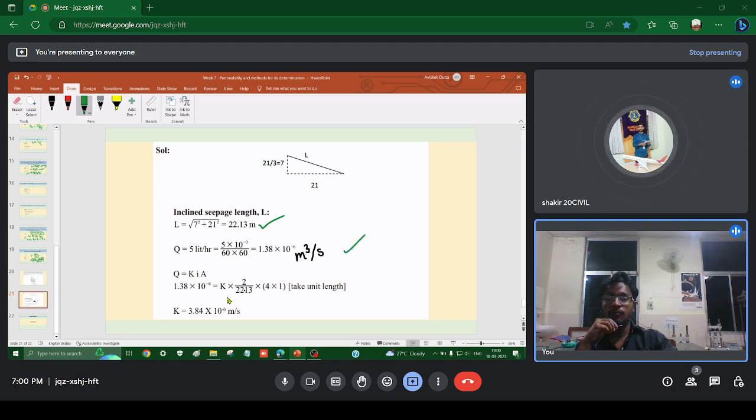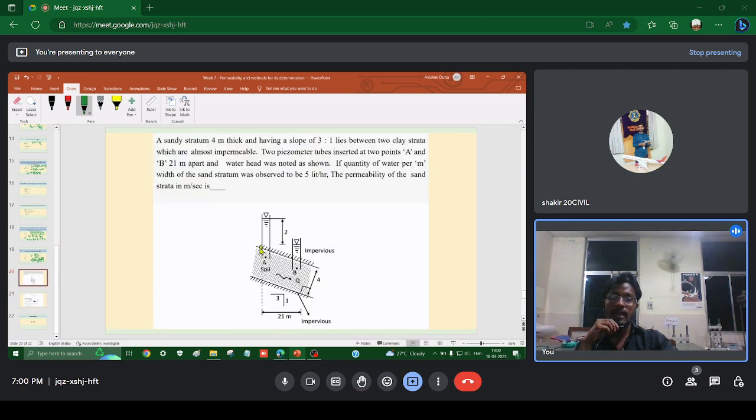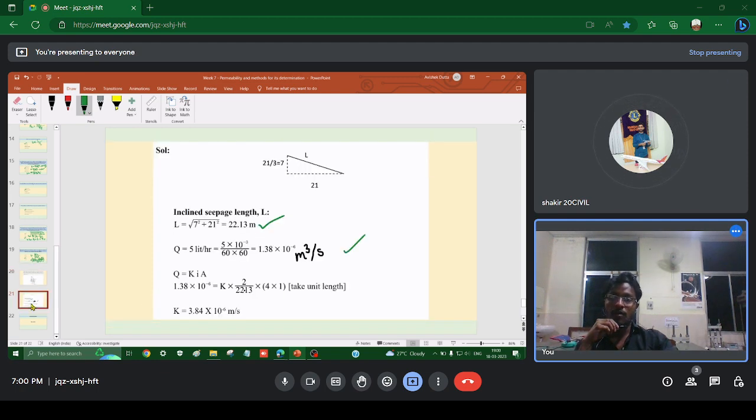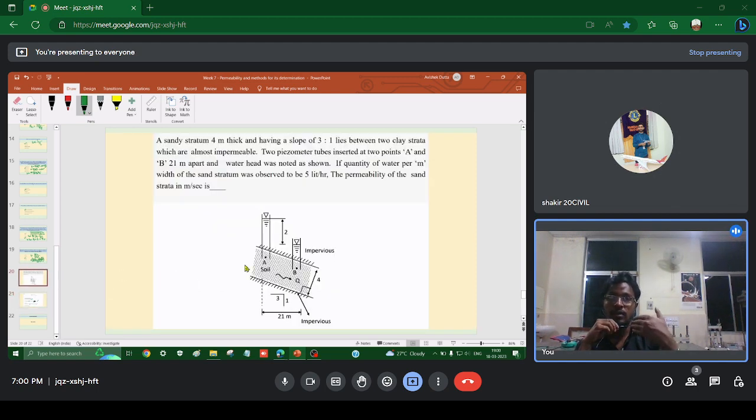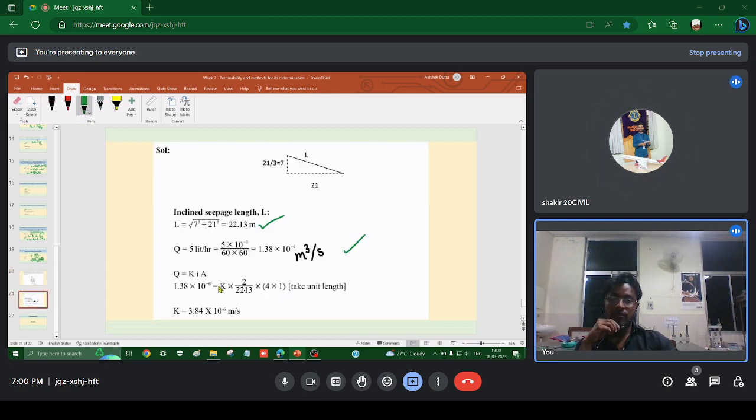Again, the same formula as the last sum, Q equals KiA. What is the value of i? Head difference divided by the length of traverse, head difference 2 divided by 22.13, which is in meter, into area. Area is 4 into 1, taking unit length across the screen of this PPT. So this is 4 and this is 1, taking 1 over here, this is the cross sectional area. In this way you can find that K will be, I think, 3.82, something like that.